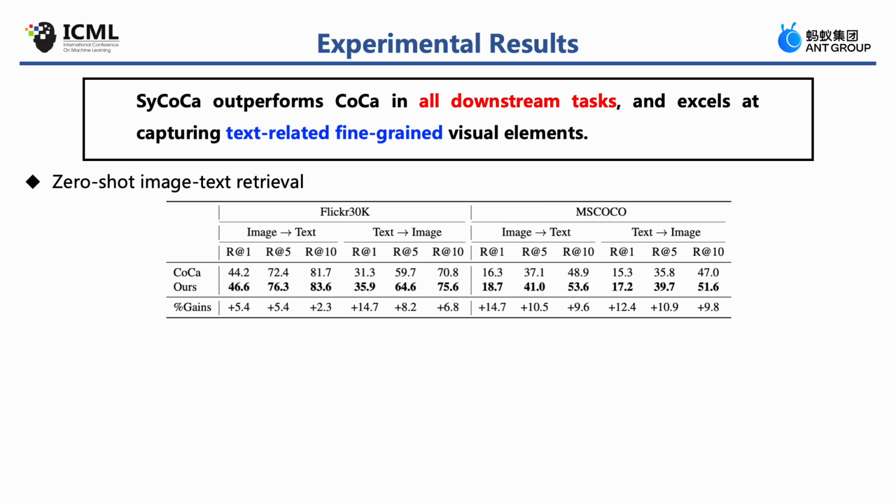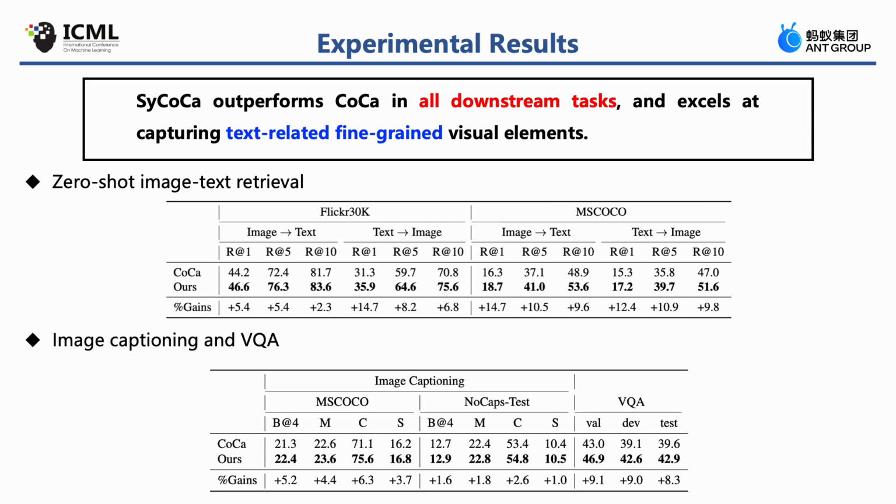Specifically, in zero-shot image-text retrieval, SyCoCa consistently outperforms CoCa, showing gains in the range of 5 to 50% for Recall@1. And in image captioning, SyCoCa outperforms CoCa across all metrics and improves by 4 to 6% on MS-COCO and 1 to 3% on Flickr compared to CoCa.